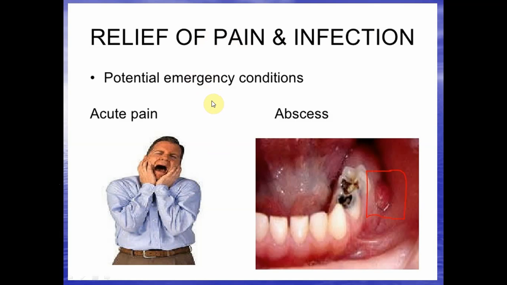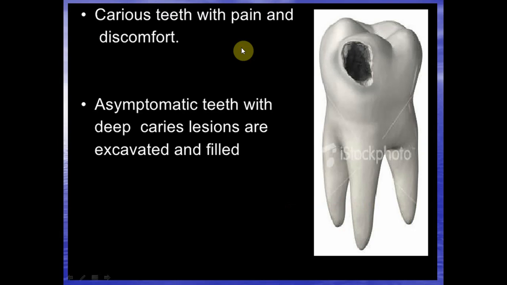Another classification talks about relief of pain and infection and any other acute conditions. All the prosthetic treatment can start only after this is corrected. So this help is received from therapeutic dentist, but possibly from oral surgeon as well.